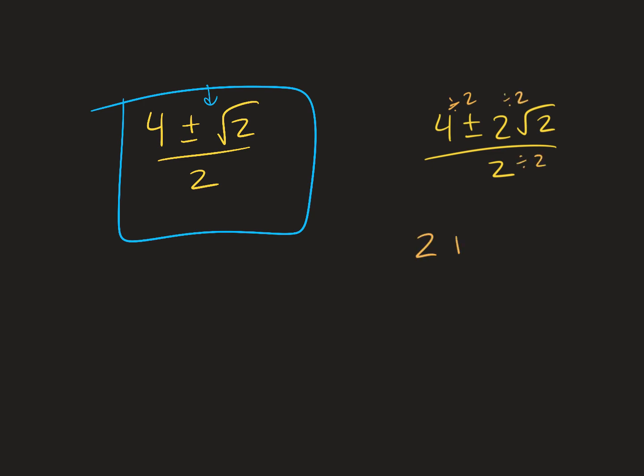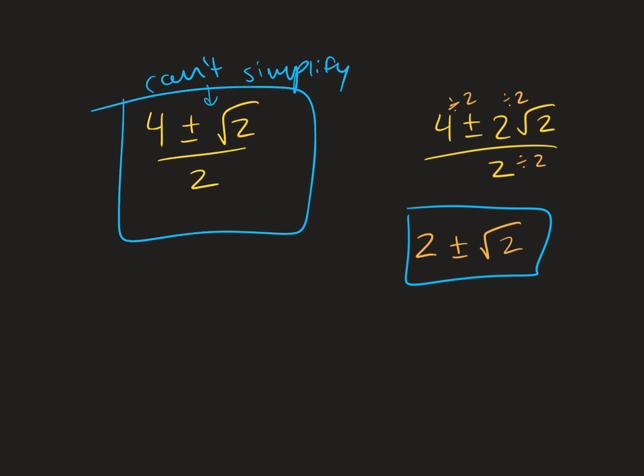So this would be 2 plus or minus 1 square root 2, which is just square root 2, over 1. And do I need the 1 on the bottom? No. So this would be my answer. So this one we can't simplify. This one we can.